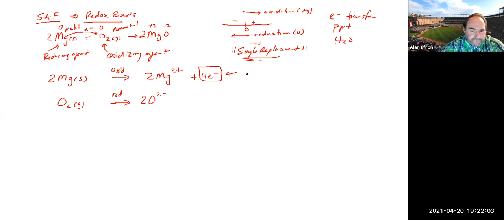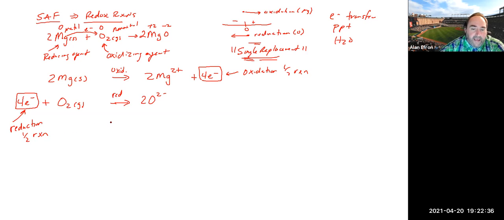Remember that this indicates that this is an oxidation half reaction when you see those electrons on the product side. The reactant side of our second half reaction is where we would add those 4 electrons. And because the electrons are on our reactant side, as we talked about, that's like them being added, and that's considered a reduction half reaction whenever you see electrons on the reactant side.